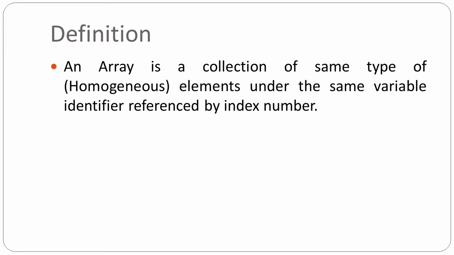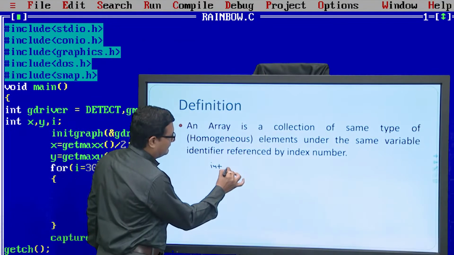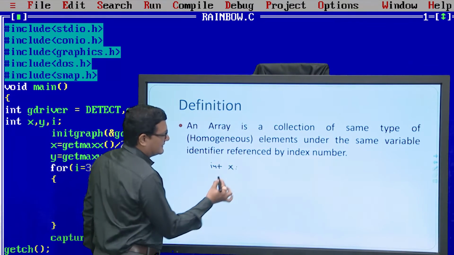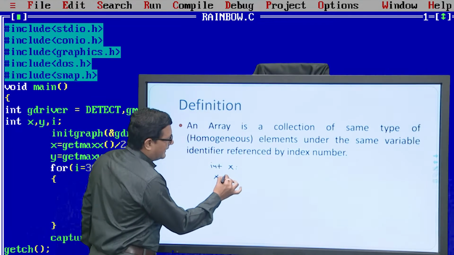You know, up to here we have done many programs, and in those we have declared something like this. For example, we are declaring one variable x. Now suppose we are initializing x by 5.